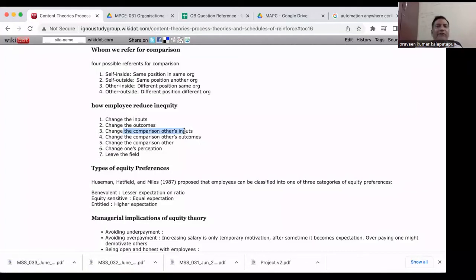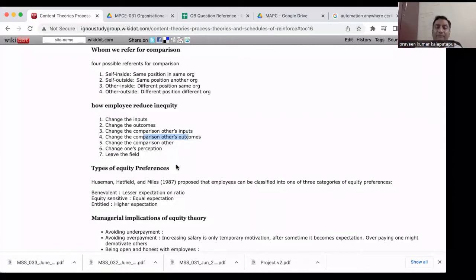In 12 hours, even though I am putting in 12 hours, I am taking 4 coffee breaks, etc. The way you compare the inputs, you will change. Or else you will compare the outcomes in a different way. You might actually think, okay, no, that 1 lakh salary, half of it actually goes in tax. In my case, my tax structure is better. So maybe the outcome is more or less the same. Right? So I'm changing the way that I'm comparing the outcome.